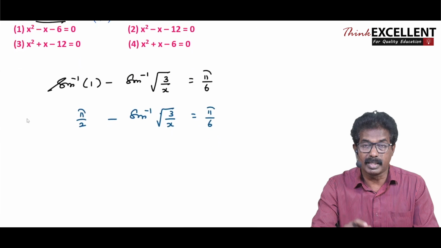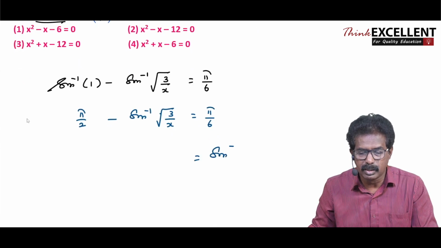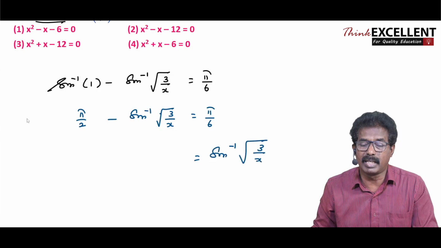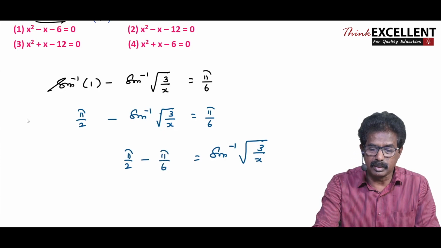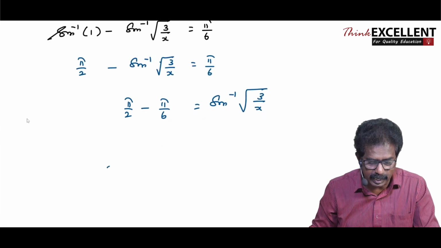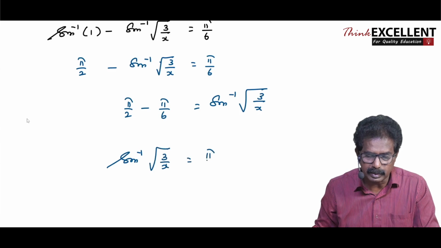Now let us try to find x from here. Take that negative term to the other side. So sine inverse √3 by x equals pi by 2 minus pi by 6, that is 90 minus 30, your answer is 60, right? So sine inverse of root 3 by x equals 60, that is pi by 3.